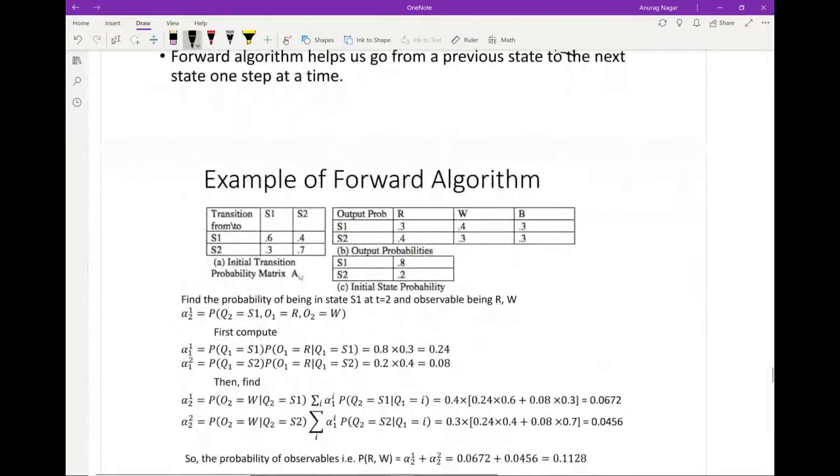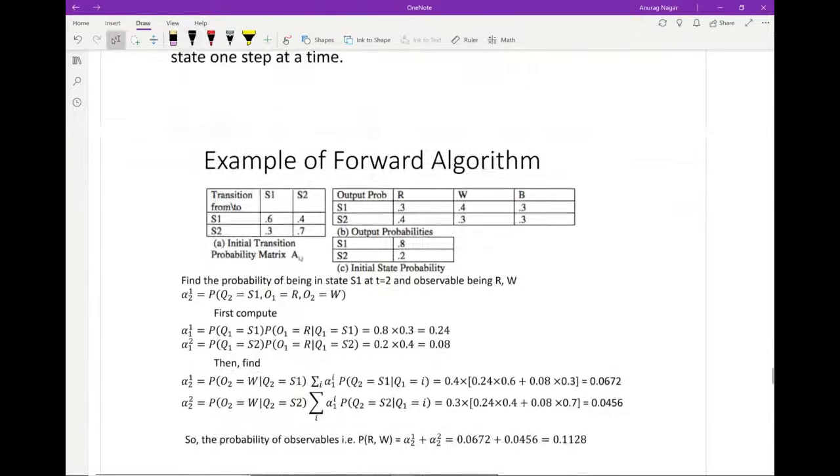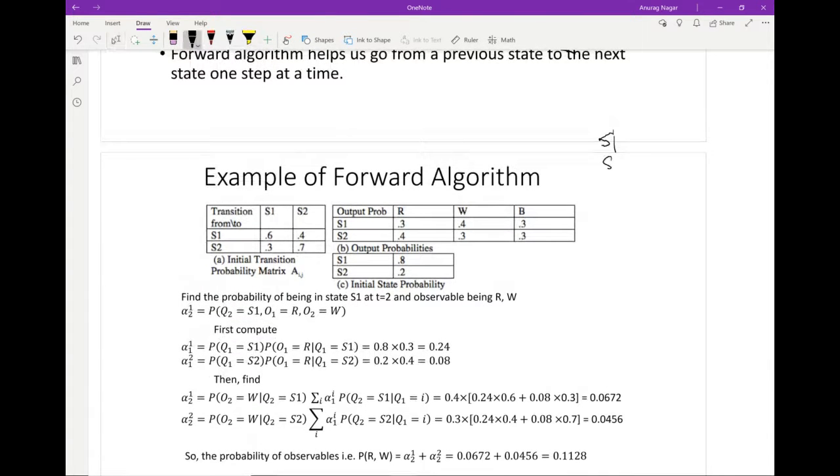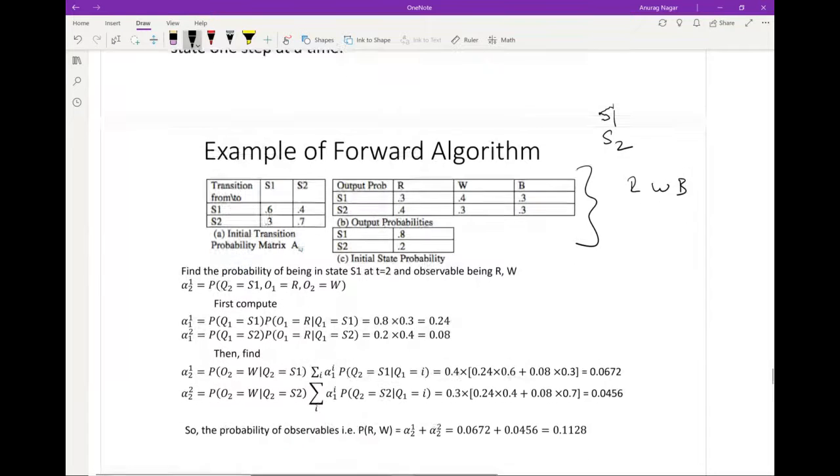So let's look into the example of that. That is going to be more fun. So let us say I'm going to play a game, and in my game I have two states, S1 state, S2 state. Observables are R, W, B, and I am given the whole parameters of the HMM.